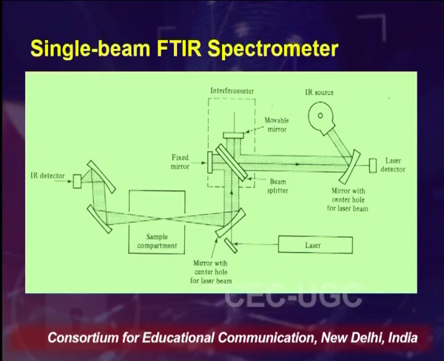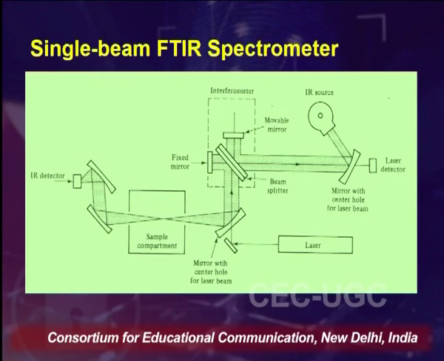As we can see in the diagram, there is an IR source and a sample compartment. On the top, in the middle, there is an interferometer. This interferometer has a fixed mirror and a movable mirror, and then there is a mirror down also.